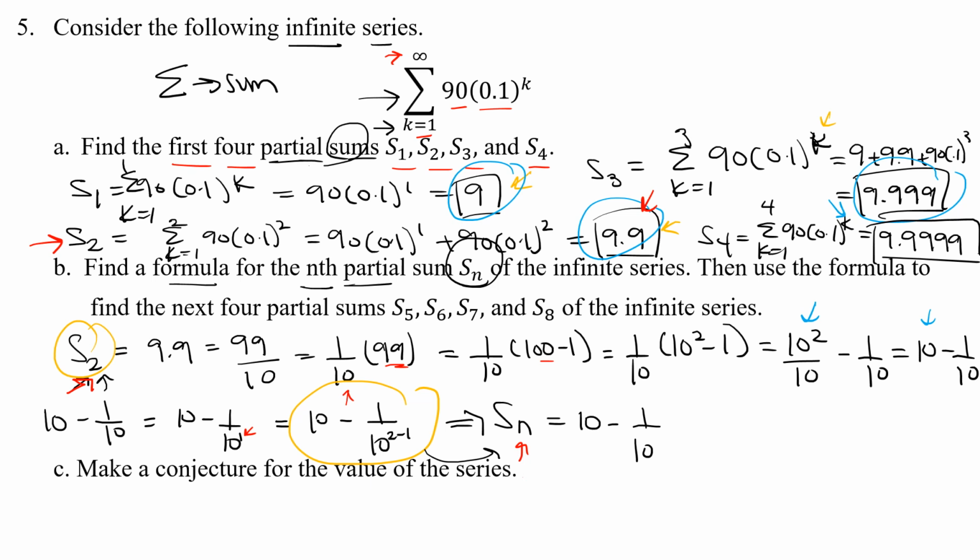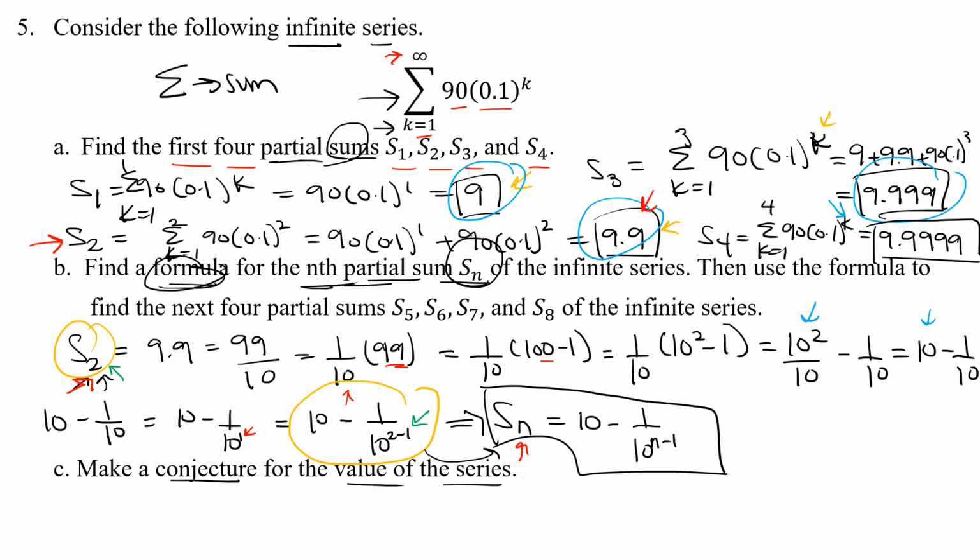So 10 to the n minus 1, right? So based off of what we had over here, we did the subscript minus 1, okay? So therefore, we can say that this is a formula that we can use for the nth partial sum, okay?